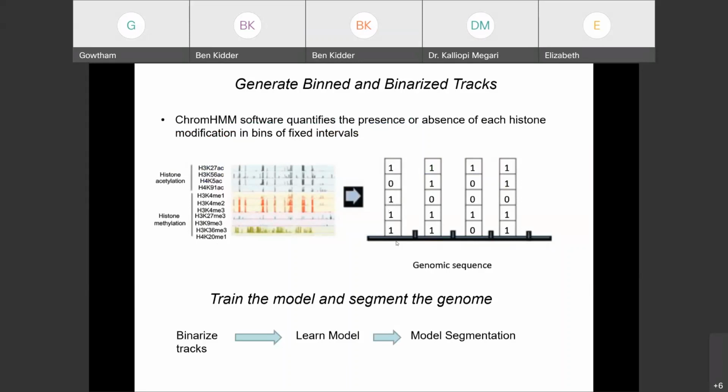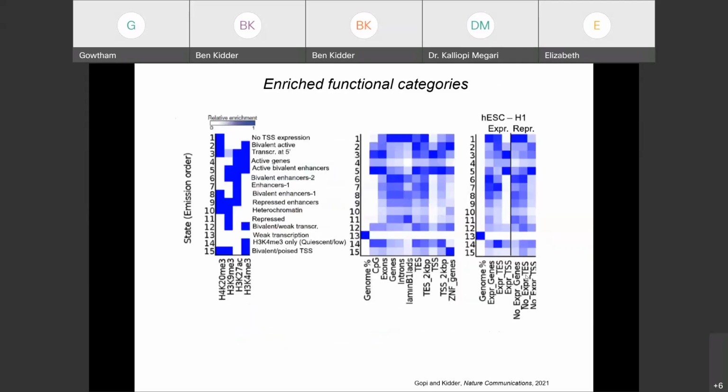Then you can learn the model and provide model segmentation to separate out these different chromatin regions. Using this ChromHMM approach, we looked at 15 different chromatin states present across these cancer cell lines. On the y-axis are these 15 states, and on the x-axis the 4 histone modifications.